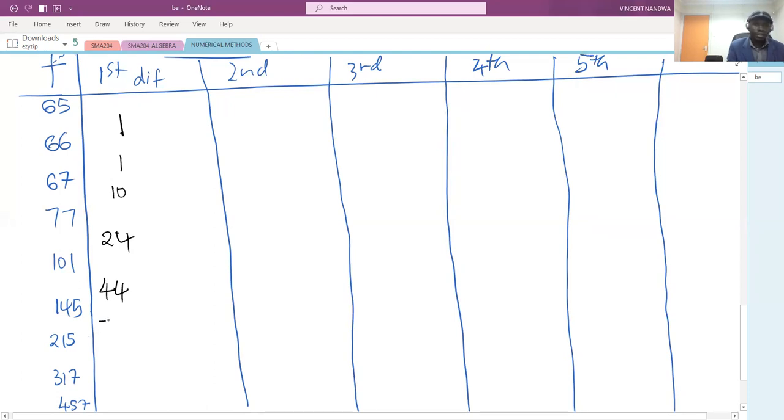The next difference gives us 70. The next difference gives us 102. The next difference gives us 140.